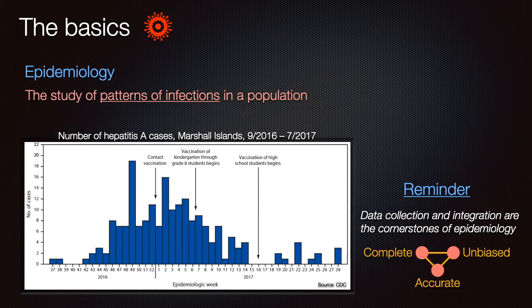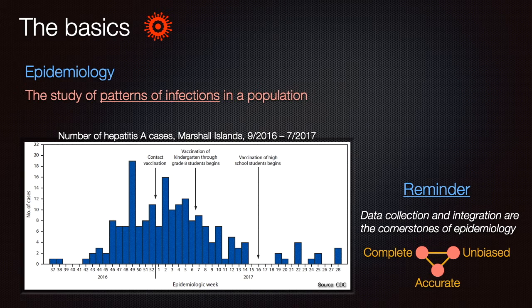Again, get used to hearing these qualifications on data. Where is the data collected and how long the data is collected are two important parts of epidemiology that we'll see. Here in this graph you can also see overlaying some of what we call metadata, or important events that might affect the underlying pattern. For example, instances of vaccination.